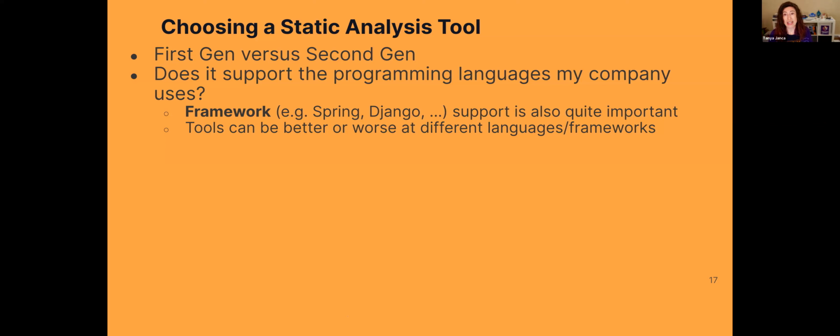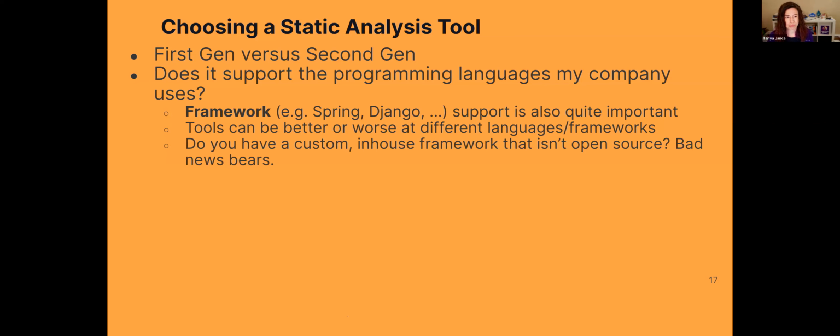You'd be surprised how much a really big shop pays for tools like this. Do you have a custom in-house framework that isn't open source? If you do, that's bad news bears. No SaaS tool is going to support that. You would have to write your own rules within the static analysis tool, and you can do that, right? A bunch of them allow you to write your own rules. However, that sounds terrible.